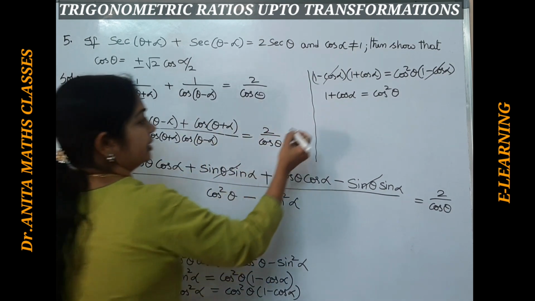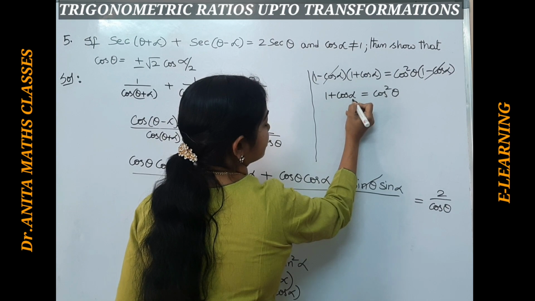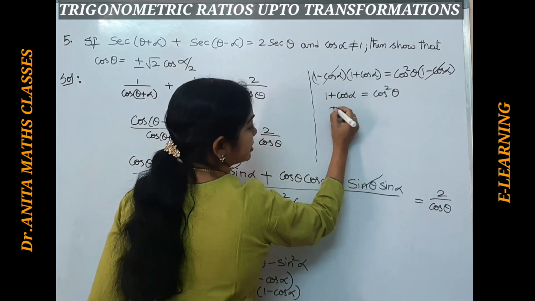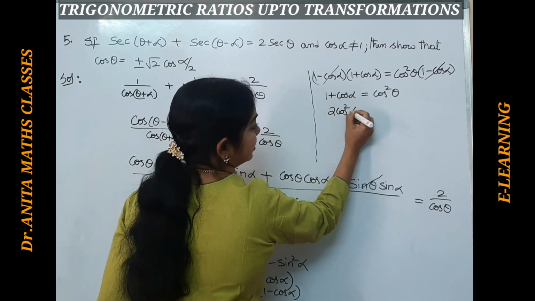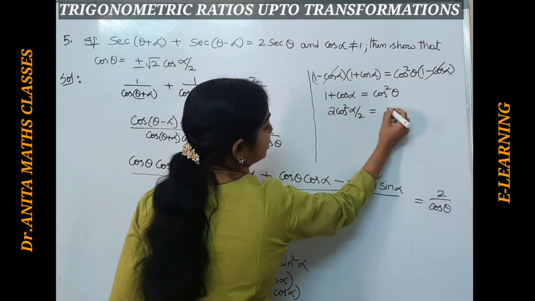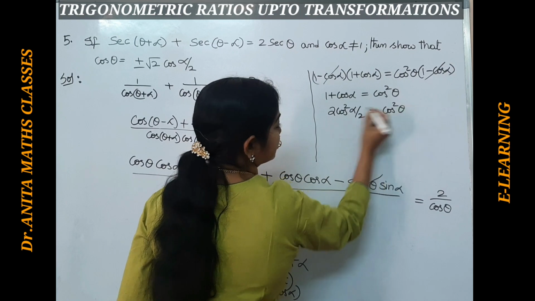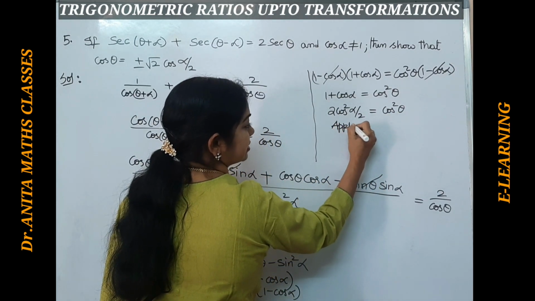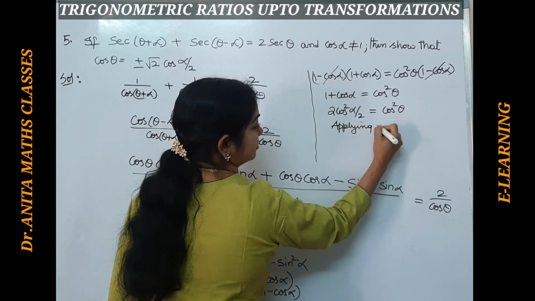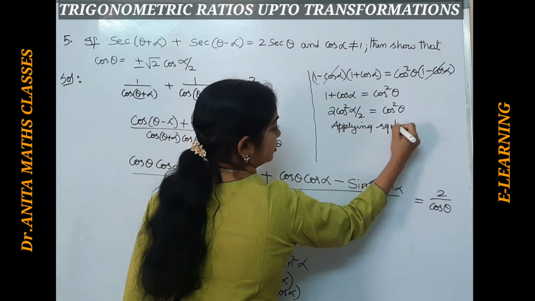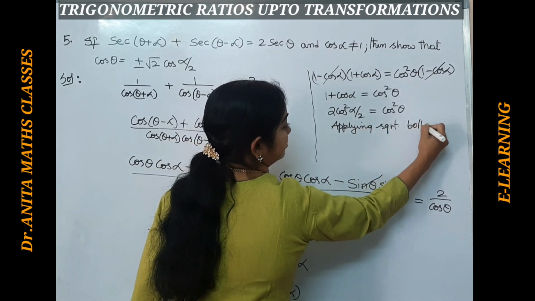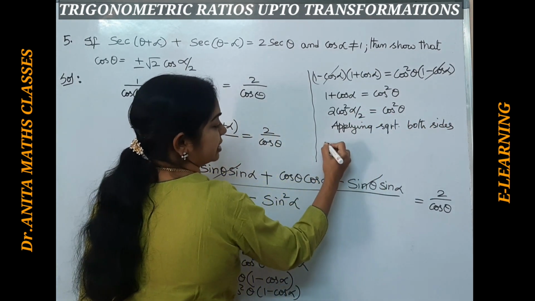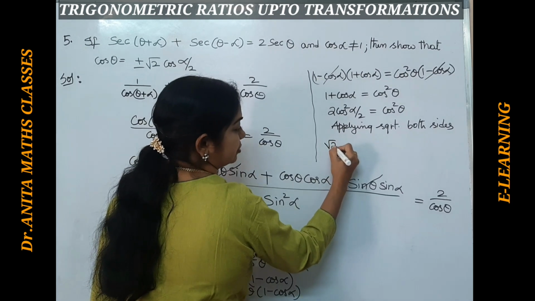And this 1 plus cos, we can write it in the form of alpha by 2. We can write it as 2 cos square alpha by 2 is equal to cos square theta. So if you take square root both sides, applying square root both sides, this becomes square root 2.